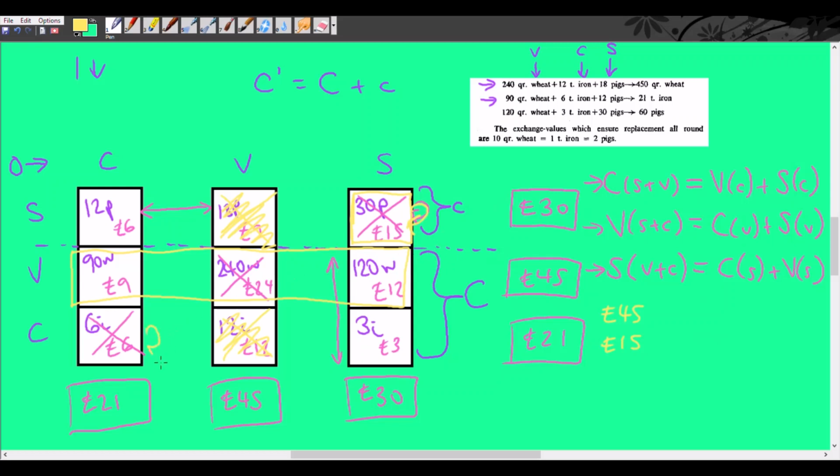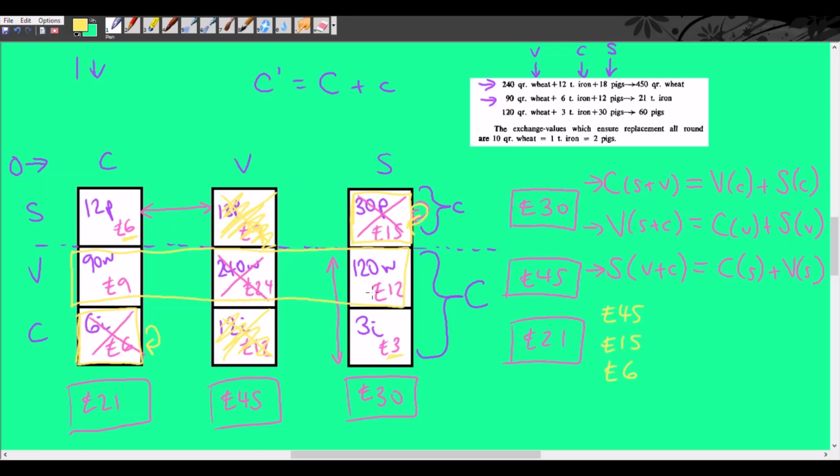The same for the £6 here. So this £6 is also going to be a value component. Now we're left with two values. We have a £3 here and a £6 here. How do we know which one is real, which one's a duplicate? Well, we can see that this £6 was added to £9 here to make £15.